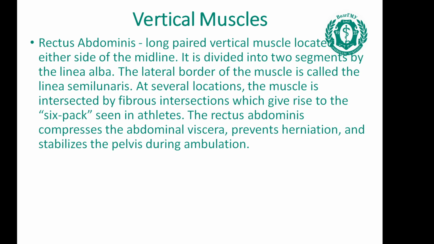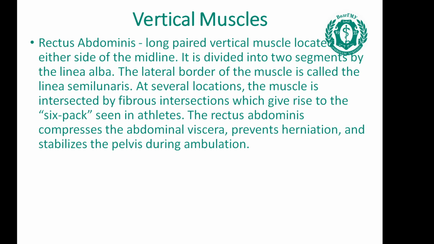Some facts about rectus abdominis. They are the long paired vertical muscles located on either side of the midline. The rectus abdominis is divided into two segments by the linea alba. The lateral border of the muscle is called the linea semilunaris.